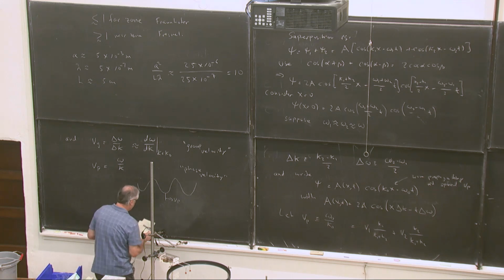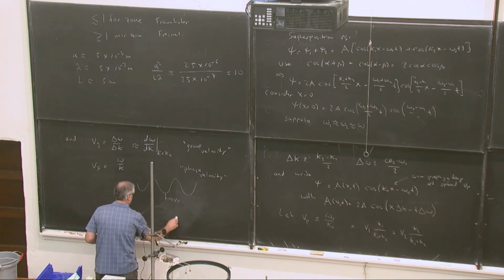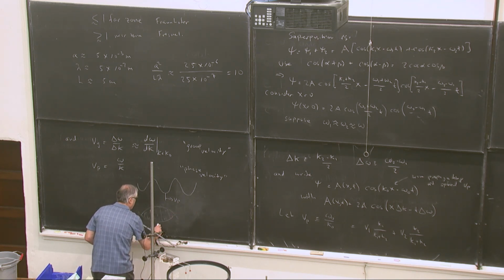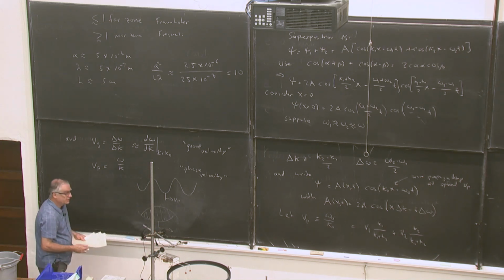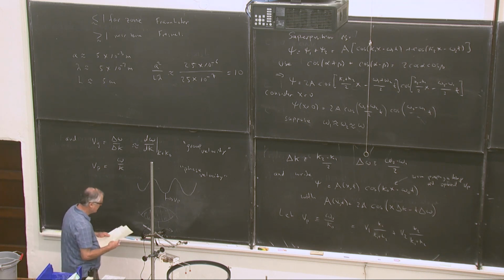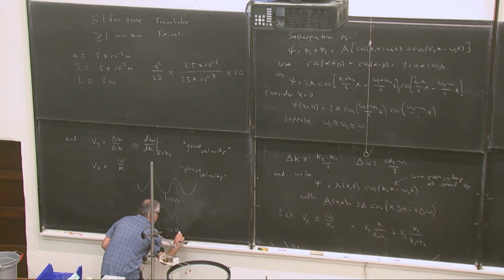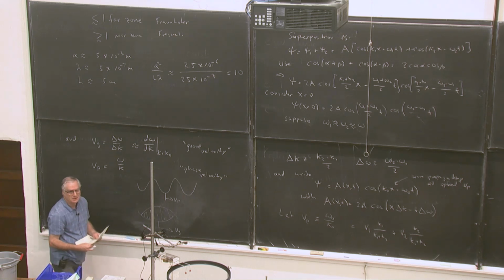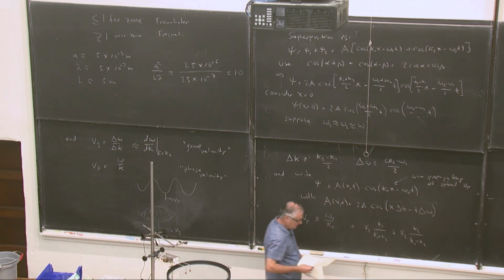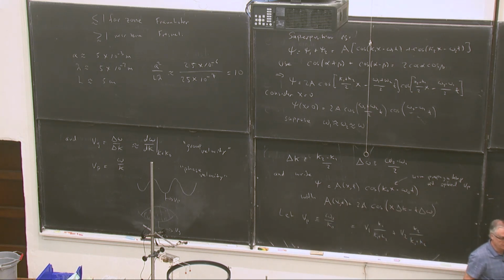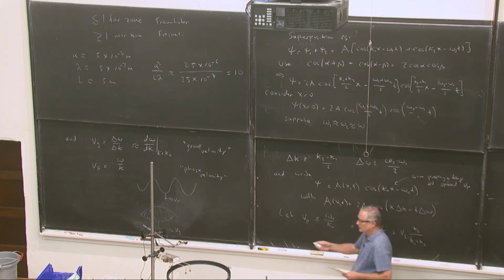If we take our modulation, which is superimposed on some carrier, the speed at which, say, the antinode of this modulation is propagating is V sub G. And both of these velocities are obtained from the dispersion relation. So once you have the dispersion relation, you know what both of these are.